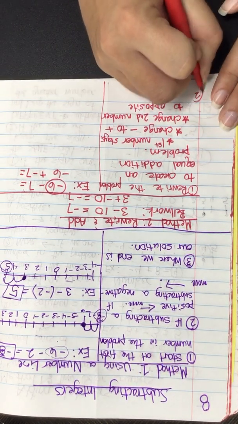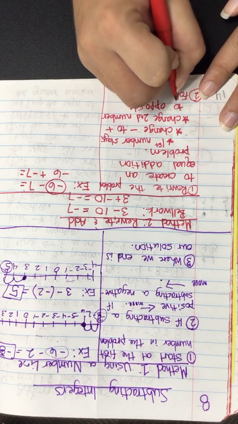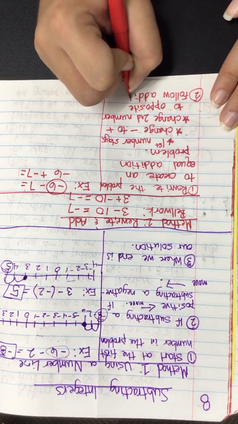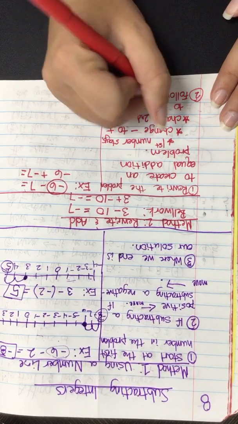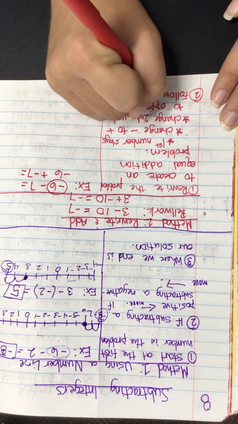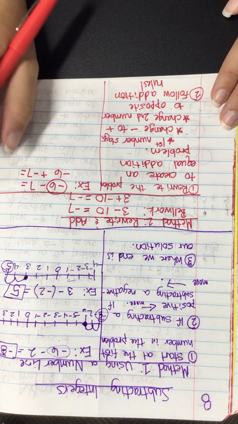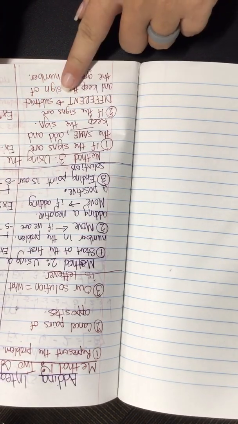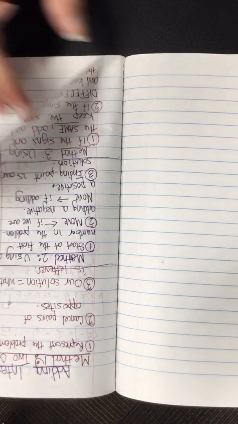Then we follow addition rules. Okay? So we're going to go back to those rules from page 7. If signs are the same, add and keep the sign. If signs are different, subtract and keep the sign of the greater number.